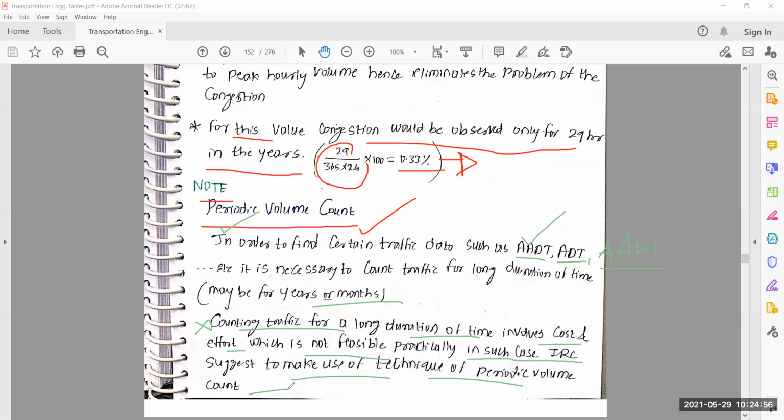For AADT, we count for 365 days. For AAWT, we count for about 260 days. For ADT, we count for 3 days, maybe 5 days, maybe 7 days. So it involves cost and effort. To overcome these, we use techniques given by IRC. So what are the techniques?